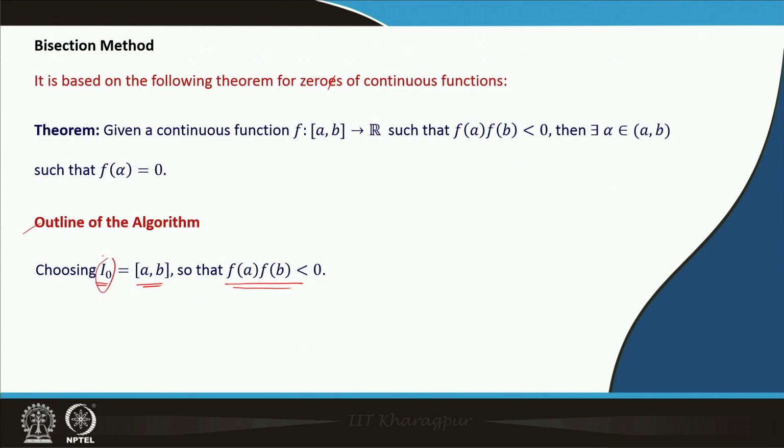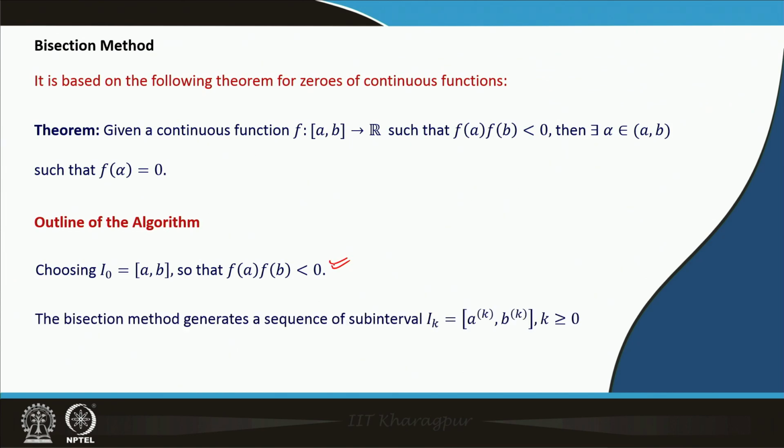We are calling this I_0, the interval [a, b], which has this property, or which ensures that there is a root in between a and b. The bisection method generates a sequence of subintervals, which we are calling I_k, k greater than or equal to 0 or 1. I_0 is already defined, so we can go with I_1 also: a_0, b_0, a_1, b_1 and a_2, b_2.